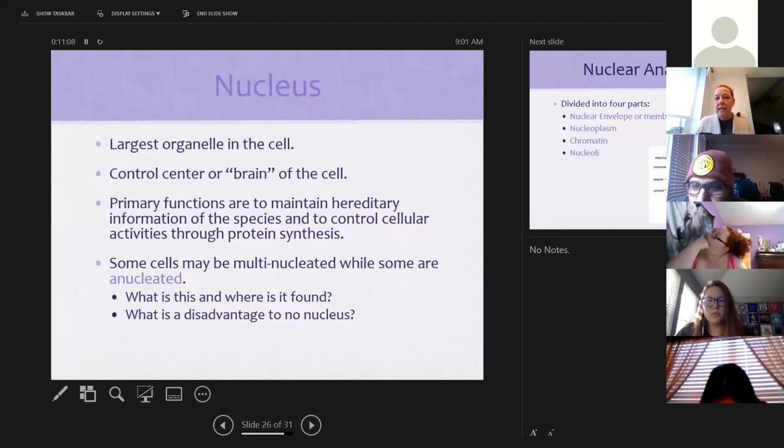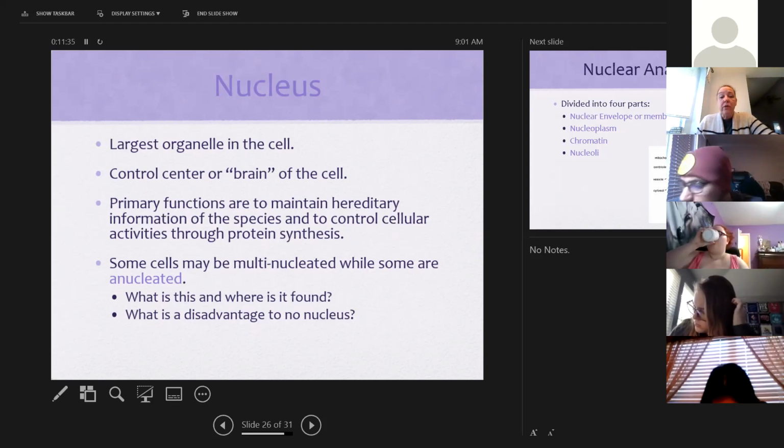It's not interpreting any kind of major data. What the nucleus is doing, though, is it contains all of the how-to. We've talked about this a million times. We have our DNA, which is just the code for how this cell functions and how it reacts and interacts with other cells and other structures within the body.